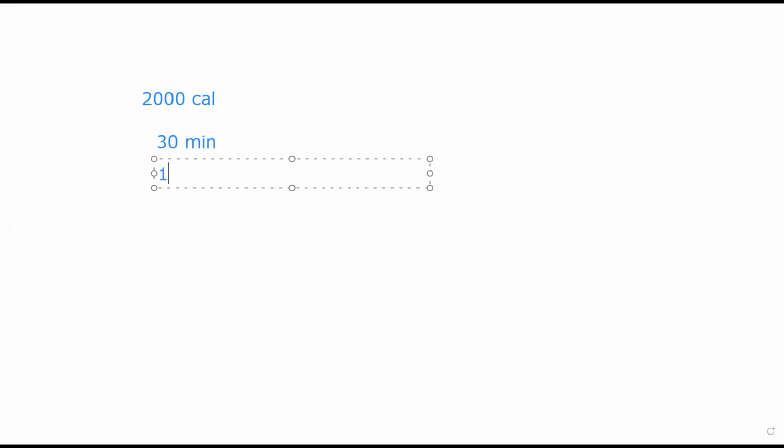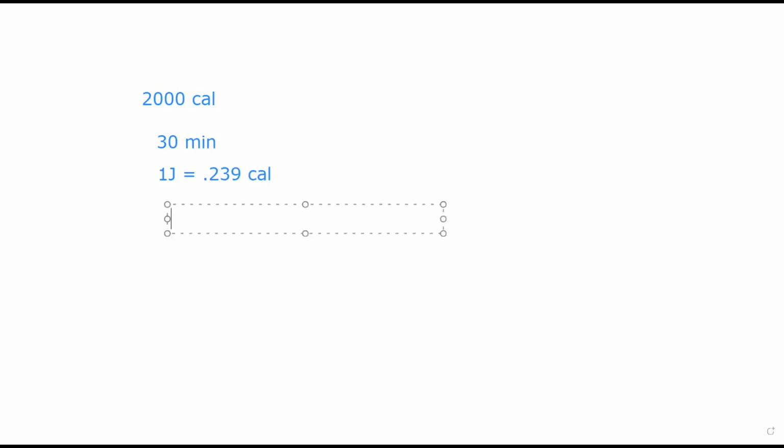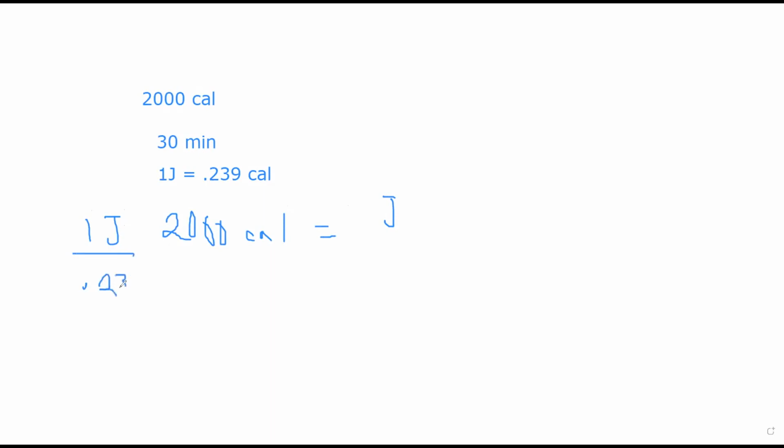And so what we will do is we'll say 2,000 calories, you have to multiply by 1 joule over 0.239 calories.